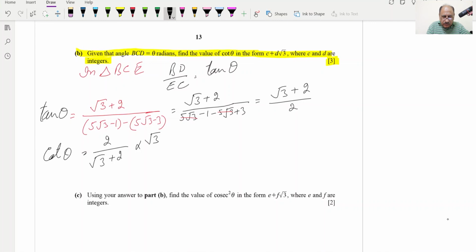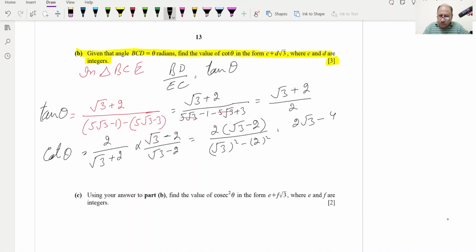For rationalization, we will be taking root 3 minus 2 over root 3 minus 2, and then we can write it as 2 root 3 minus 2 over root 3 squared minus 2 squared, and this will be equal to 2 root 3 minus 4, we have multiplied 2 inside, over 3 minus 4, which will result in minus 1.